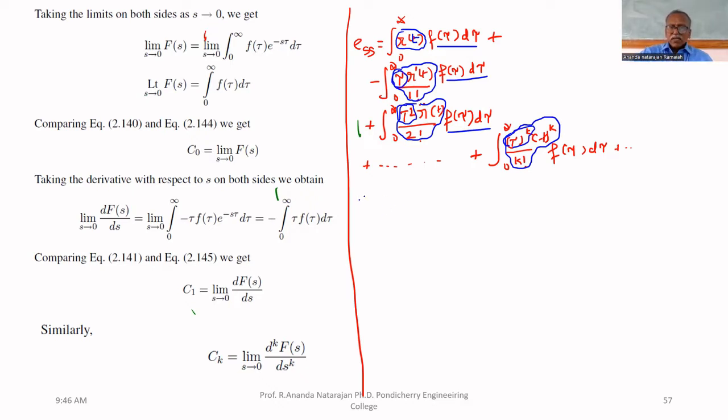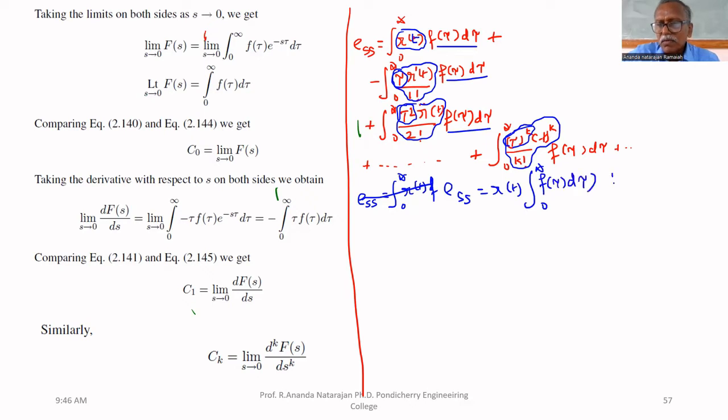Therefore, we can write E steady state equal to r of t integral of 0 to infinity f of tau d tau, first term, plus what is the second term?